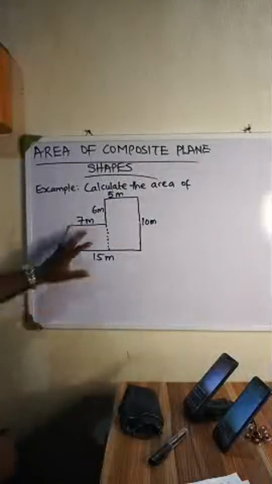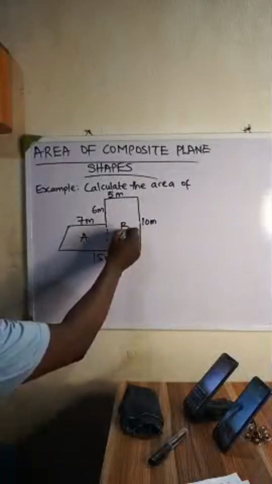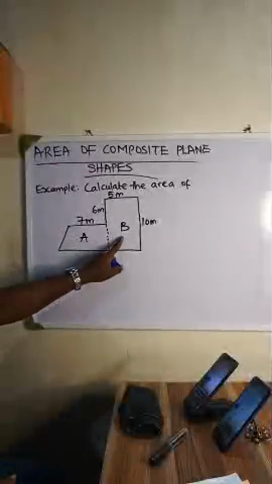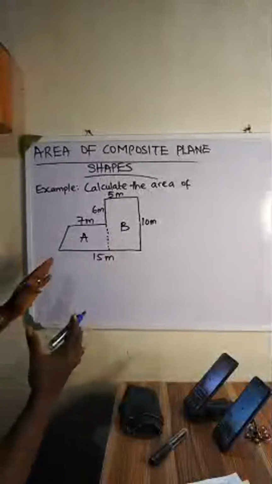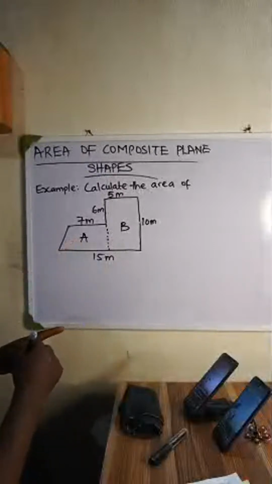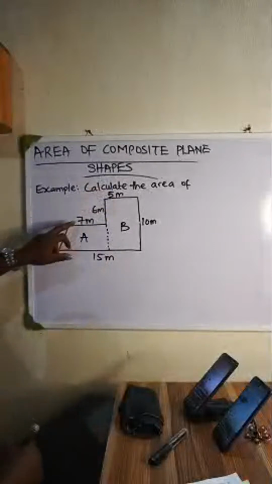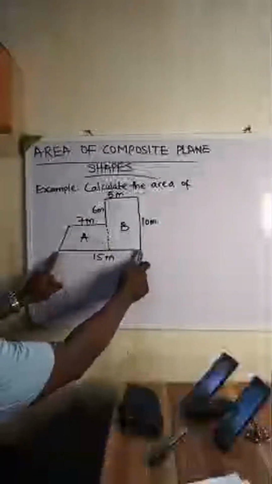Okay, so let's continue. Let's call this shape A, and let's call this shape B. Shape A is a trapezium. Shape B is a rectangle. So let's look at the details of shape A. We know that shape A is a trapezium, and this top length is 7 centimeters.